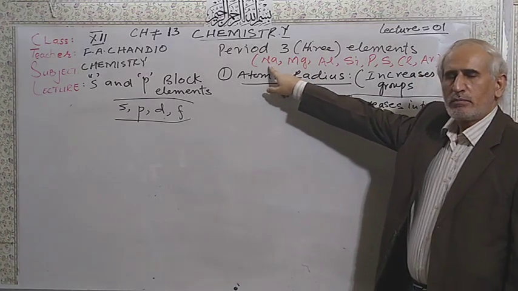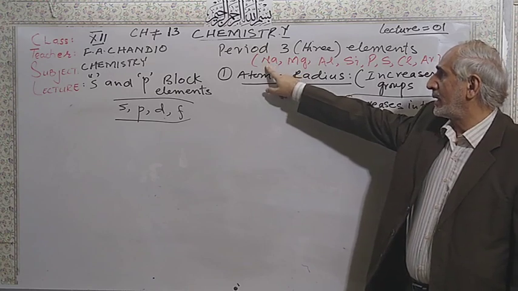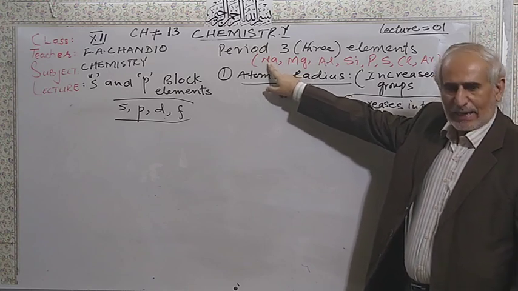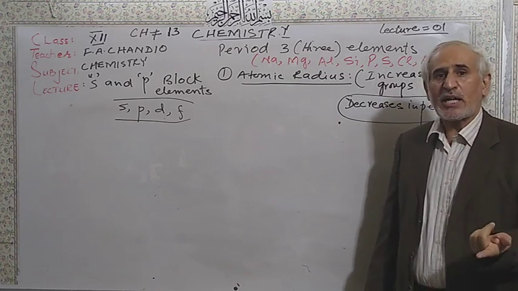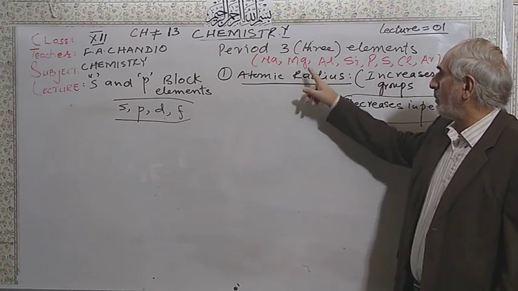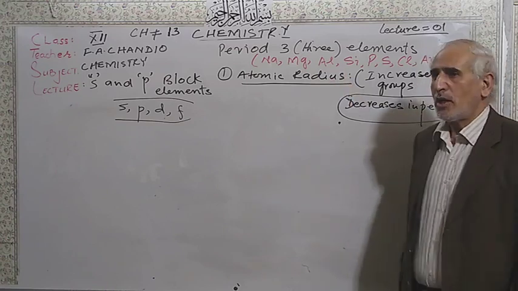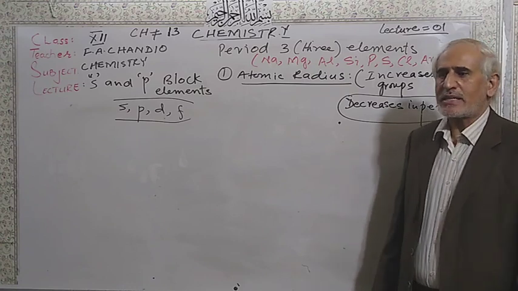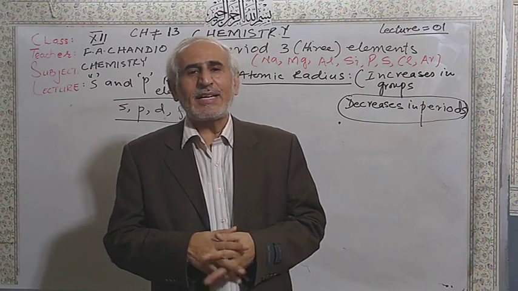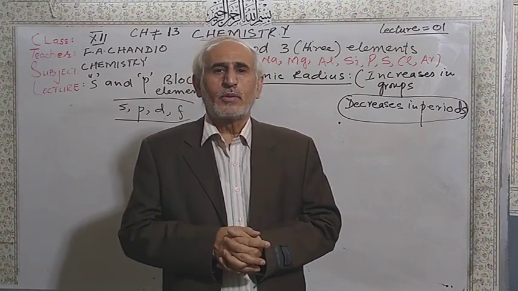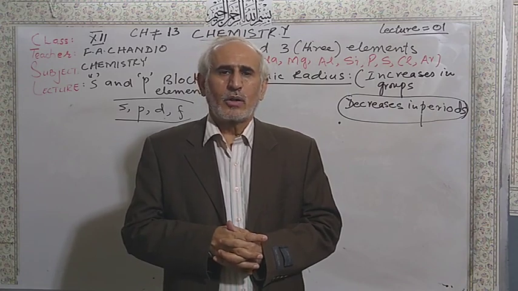In sodium, this is the third period, KLM. Only 1 electron is added, in the same shell. In magnesium, 1 more electron is added in the same shell. In aluminium, 1 more electron is added in the same shell. So when we increase electrons in the same shell, the number of shells does not increase.